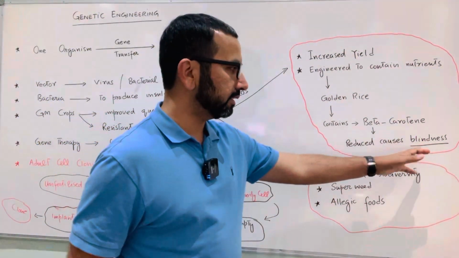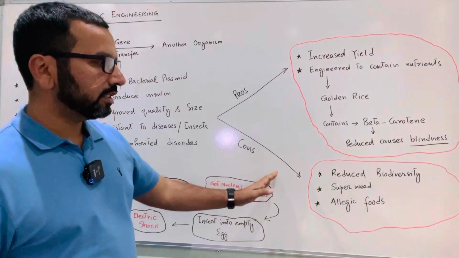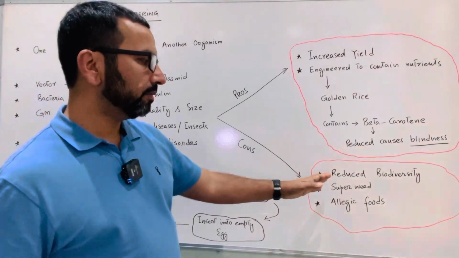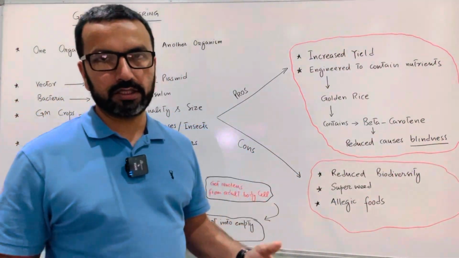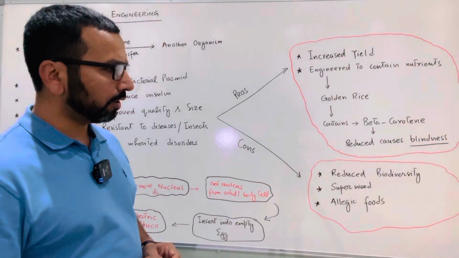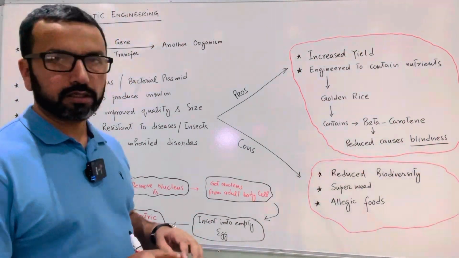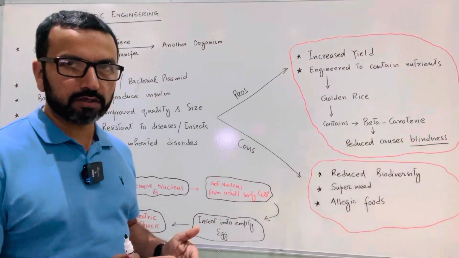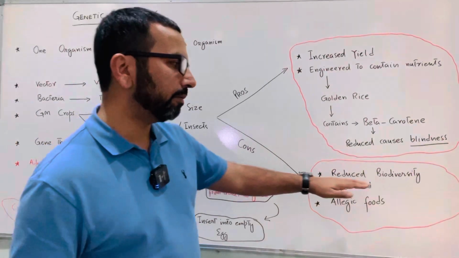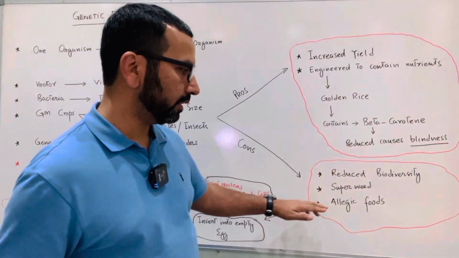the blindness in people. But there are some disadvantages. As a result of GM crops, there is a possibility of reduced biodiversity, because the GM crops will kill all the other flowers and plants in their surroundings. So as a result, the biodiversity of the plants will reduce.